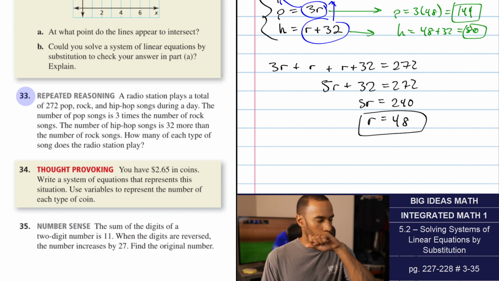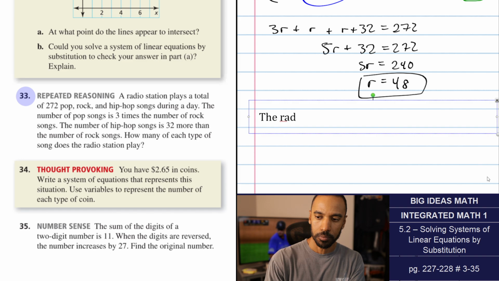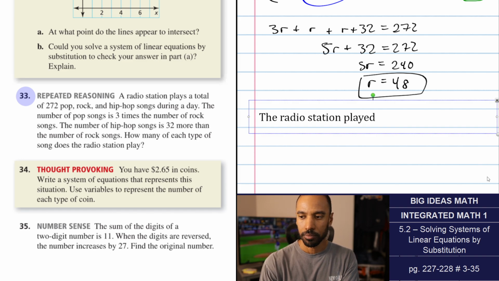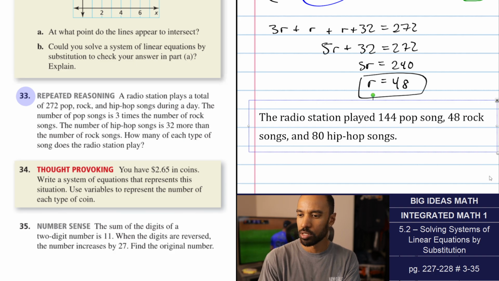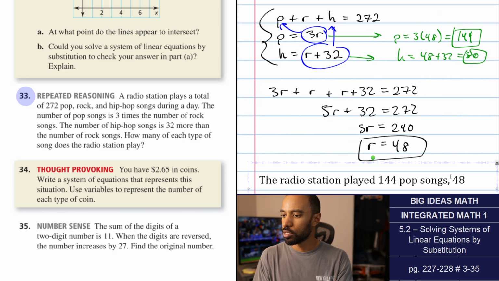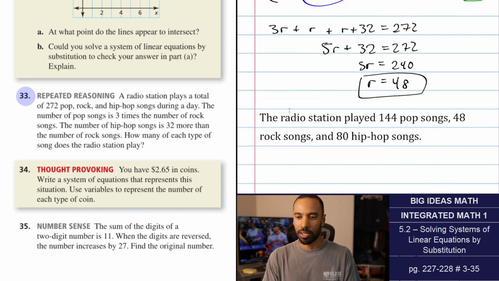So how did the radio station play? Let me make sure I wrote those for the correct ones. 144 pop songs, 48 rock songs. Yeah. Okay. There it is.